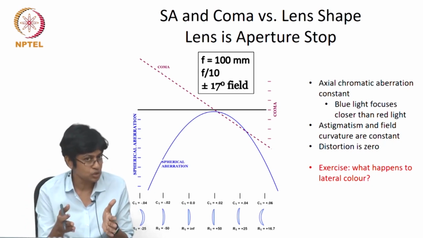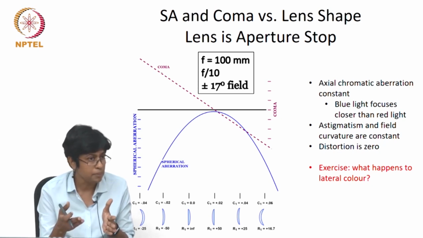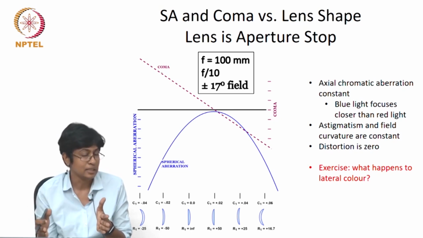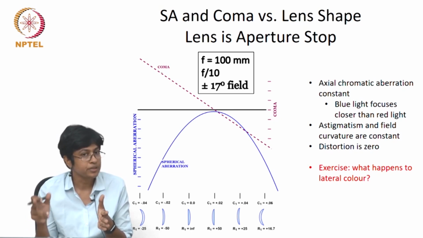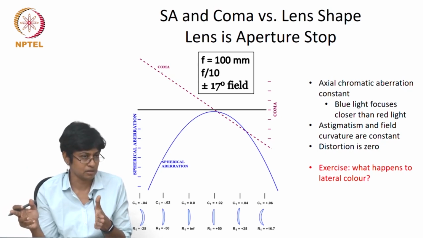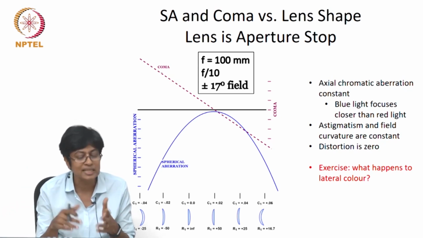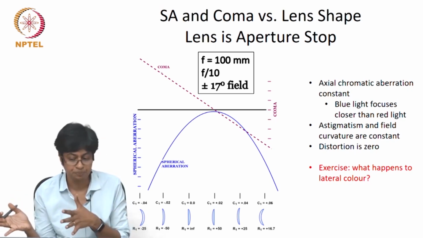So I didn't ask you to plot that, although now you could go back and convince yourself that changing shape does not change the chromatic aberration. There was no purpose in plotting it here except perhaps to see that it is unaffected by the shape.